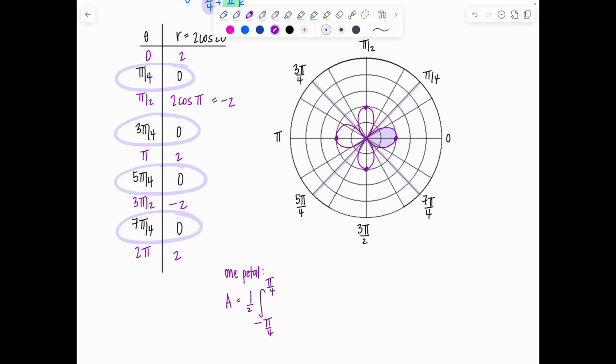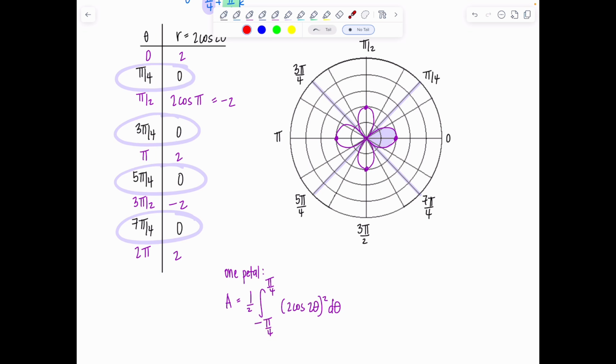It has to read in counterclockwise order, but also this is a larger number than this one. So you have to call it negative pi over 4 when writing it as limits of integration. Okay, and then r squared d theta.